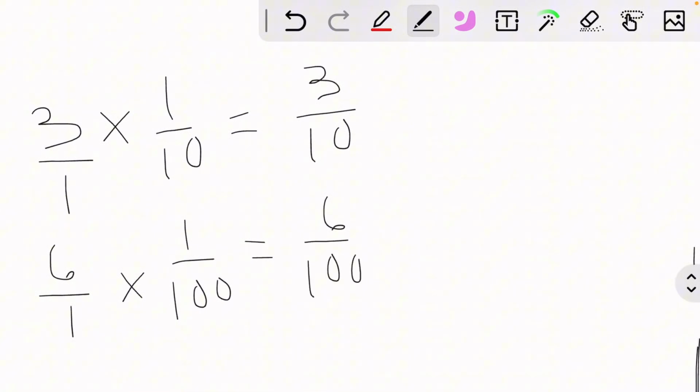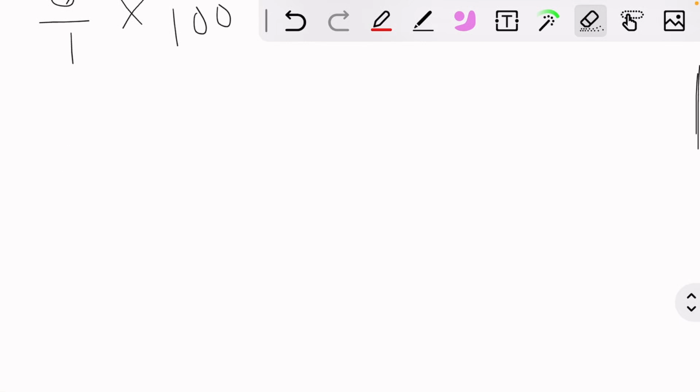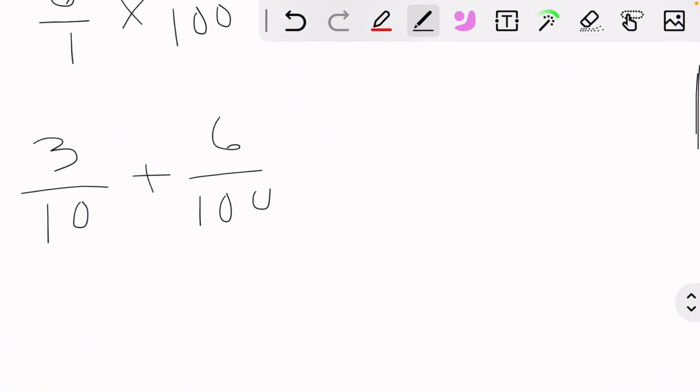Excuse me. So we have to add these two together. But before we can add these two fractions, we have to make sure that they have the same denominator. So let's do that. 3 over 10 plus 6/100. So these two are not the same denominator, so we multiply the denominators.